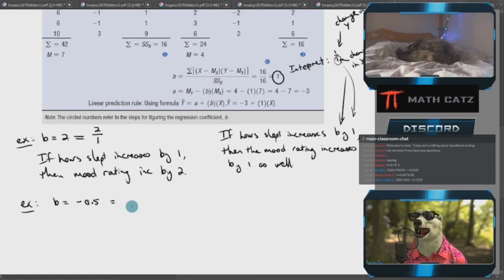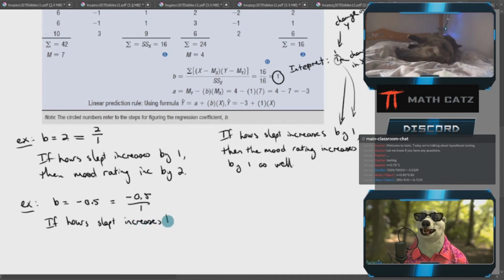Let's say I have a B equal to negative 0.5, just as an example, so we can run through the possibilities. The simplest way I would do it is to just put that over 1. It's not the only way. I'm going to say something in a second. It is a way that will always work. And then I can say if the hours, I start always from the bottom. Hours slept is the bottom variable x, increases by 1.